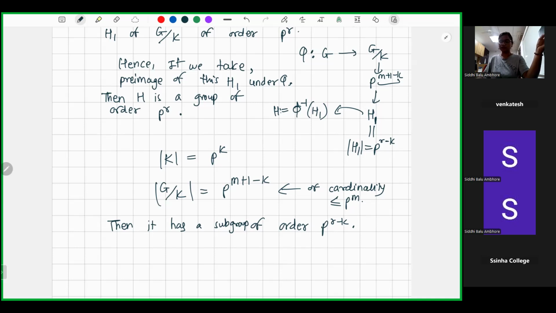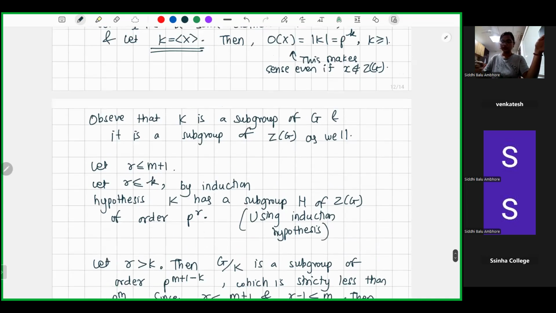Is this okay? And also understand that this holds because the pre-image under a group homomorphism is again a subgroup of the given G. So it again needs to divide the order of G, and it always contains the kernel, which in this case is of order p power k.